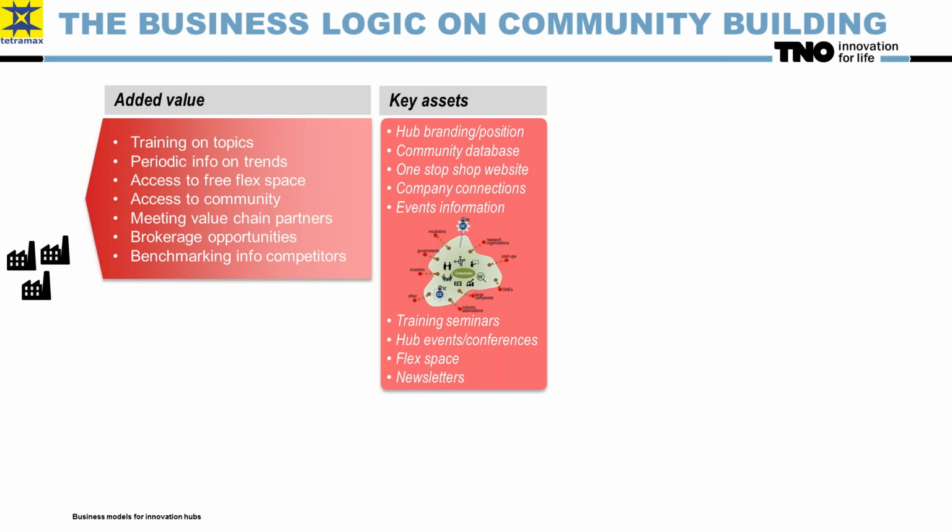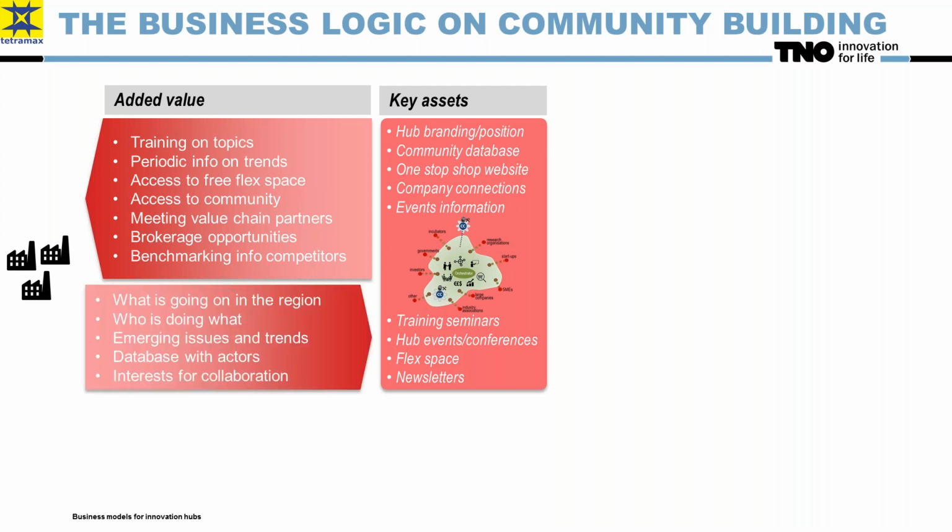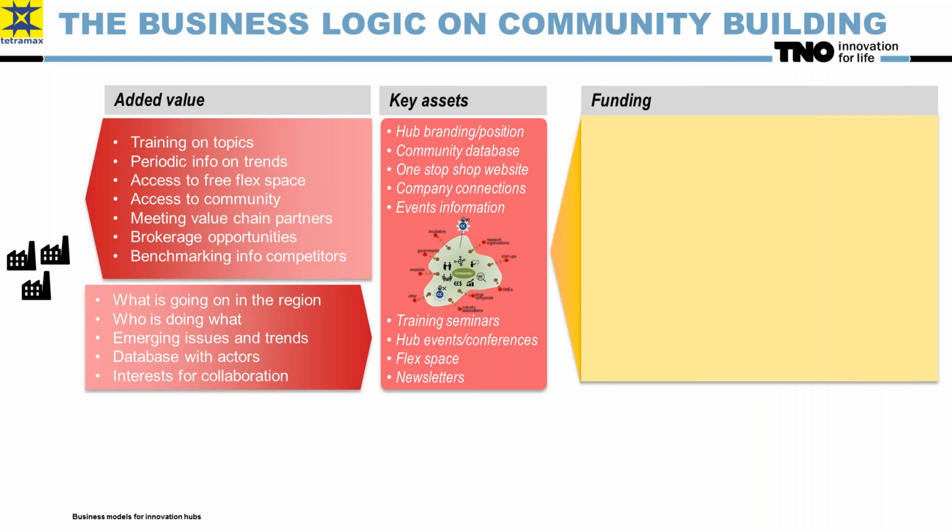That's a community building activity, and it's considered of high importance to the customers. But there are also some brokerage opportunities, some benchmarking info on competitors, etc. But it goes the other way too. That community and the connection to those customers will bring back information about the community, and it adds up to the key assets of the digital innovation hub.